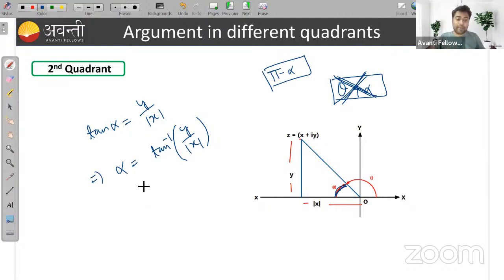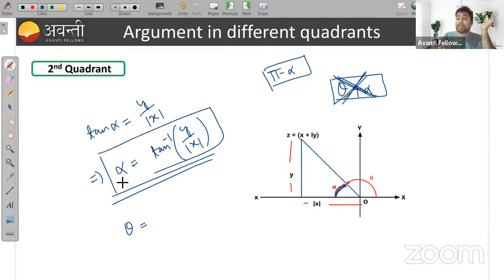In the second quadrant, theta becomes pi minus alpha. Alpha is tan inverse of y upon mod x, so theta becomes pi minus tan inverse of y upon mod x.